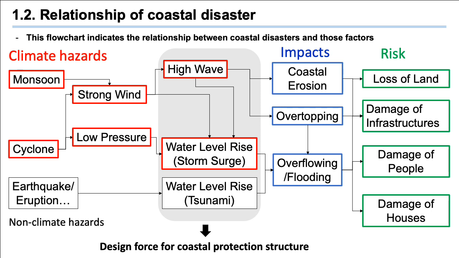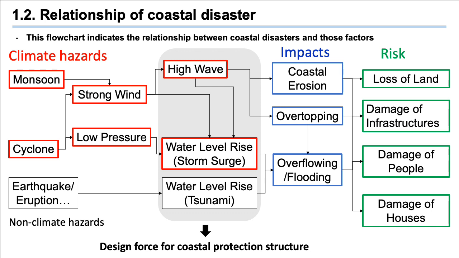I'd like to classify these factors into three categories: hazard, impact, and risk. So hazard includes climate hazard and non-climate hazard. Climate hazard is cyclone, strong wind, low pressure, high wave, storm surge, and so on, colored in red.